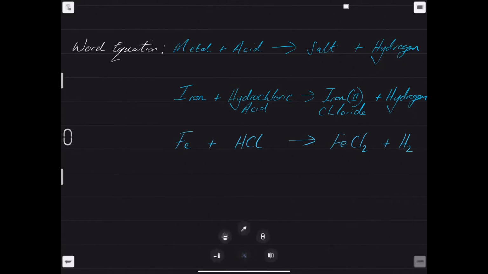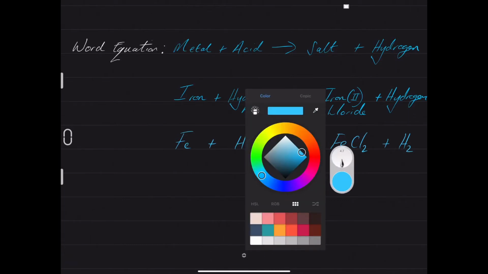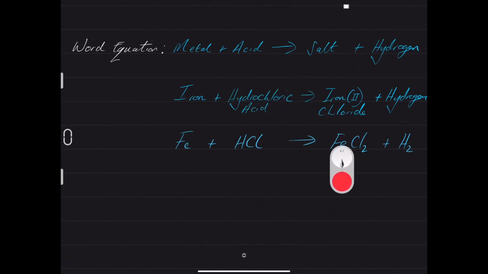Okay, let's see. Balancing this equation, you should have 2 here, because we have 2 hydrogens on the right hand side, and we have to make sure we have 2 hydrogens on the left hand side.